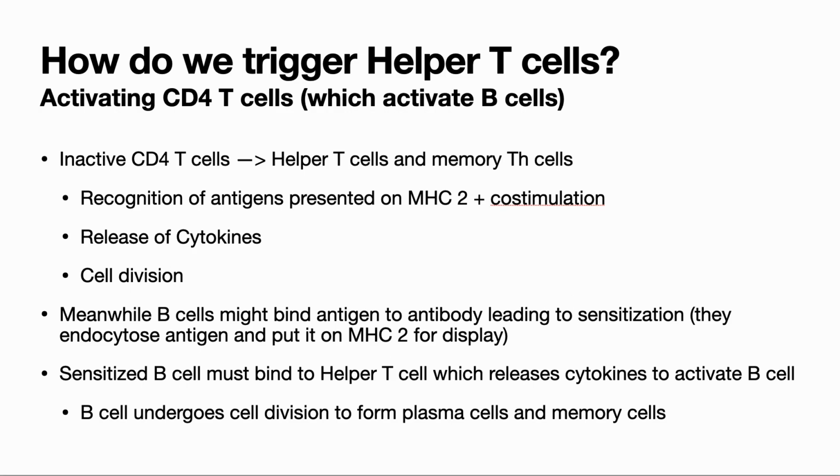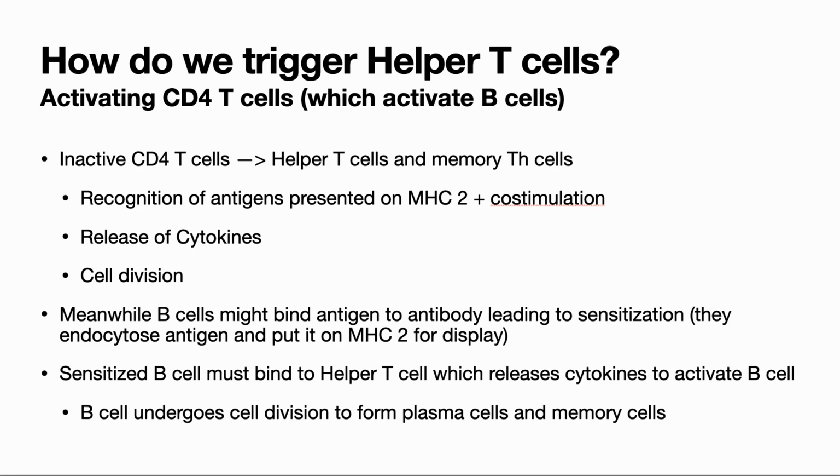At the same time that that's happening, there are B cells out there with antibodies that may match up to the antigen that these T cells are also responding to. If a B cell has an antibody that matches this antigen, that is going to lead the B cell to stick to the antigen on whatever bacteria has that antigen on its surface.